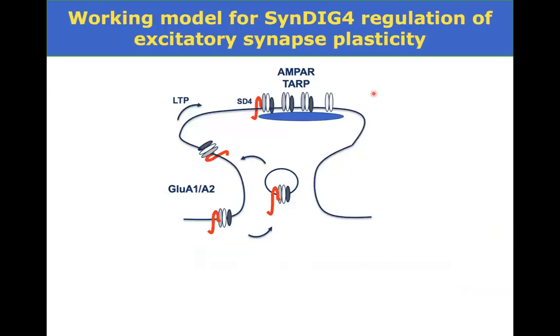So this would be evidence for the idea that SynDIG4, which is this red squiggle, is somehow keeping these receptors outside of the synapse, but only during LTP is it now allowing the receptor to be trafficked to the synapse in order to strengthen them. And this is needed during the plasticity, and this is needed for cognition, is our model.